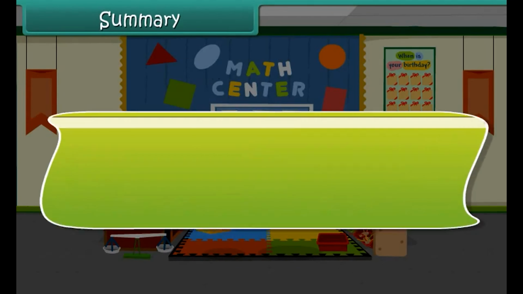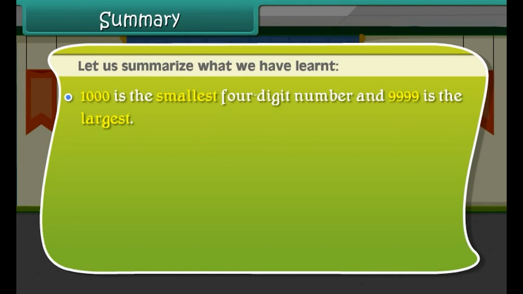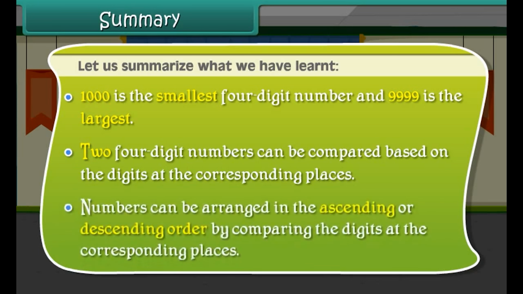Summary. Let us summarize what we have learned. 1000 is the smallest four-digit number and 9999 is the largest. Two four-digit numbers can be compared based on the digits at the corresponding places. Numbers can be arranged in the ascending or descending order by comparing the digits at the corresponding places.